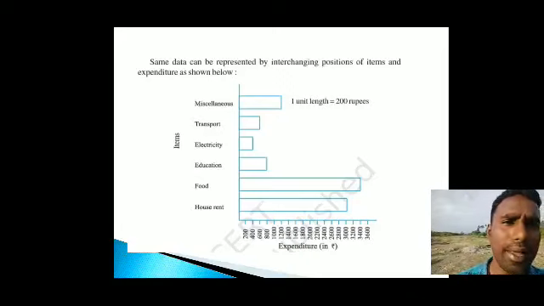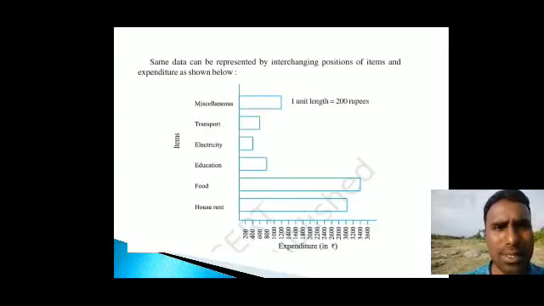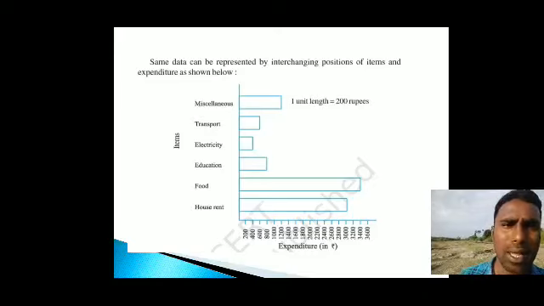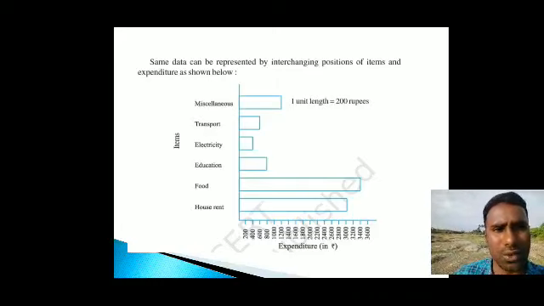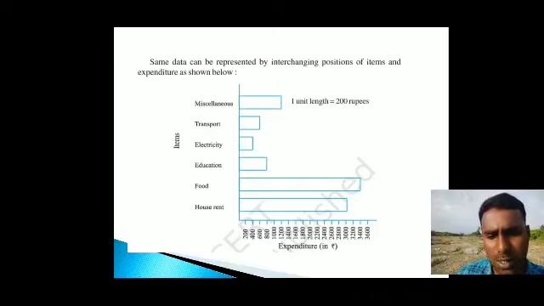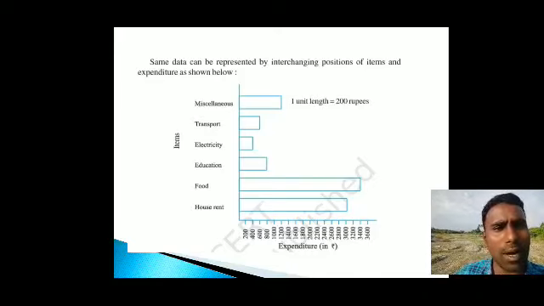And on the y-axis you can take the items: house rent how much, food how much, education how much, electricity how much, transport how much, and miscellaneous how much. So if you plot that, for house rent 3000 will come, and for food how much will it come. Same way, while you are drawing the bar graph, the width should not be changed.